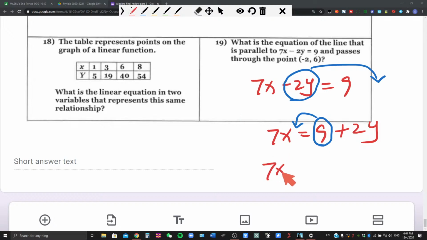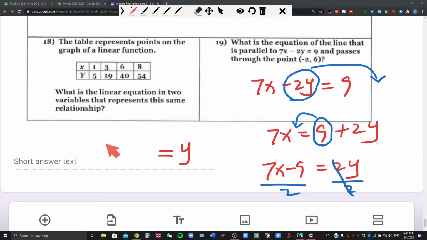So 7x − 9 = 2y. Now I'm going to divide by 2 on both sides. After dividing by 2, this will be just 1y. So y equals 7x divided by 2, or (7/2)x, then subtract 9 divided by 2.